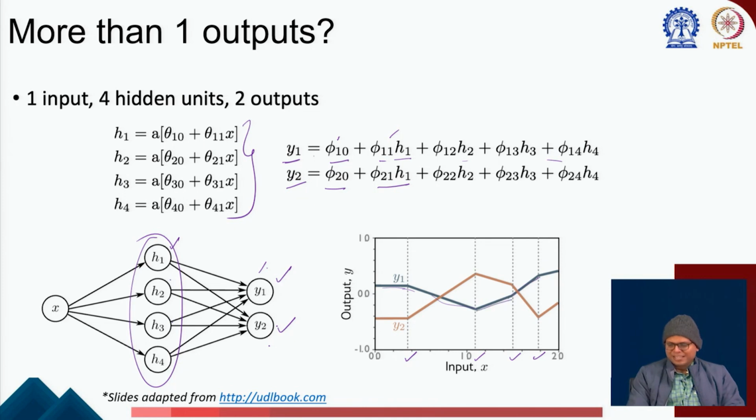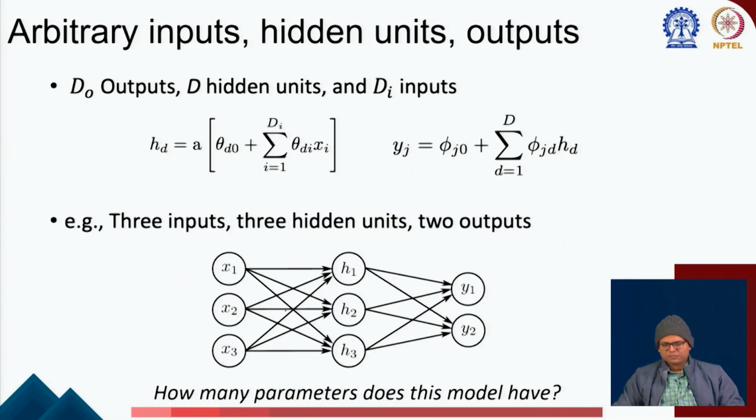You are still using the same joints, but the individual piecewise linear functions are different, and the same with y2: the individual functions are different, joints are the same. So two different arbitrary outputs can be described by using a shallow neural network, but using more than one output neuron. Okay. So in general, you can have an arbitrary number of inputs, hidden units and outputs.